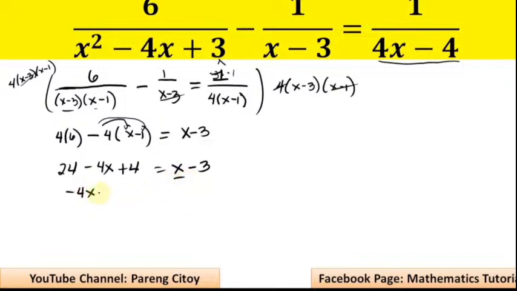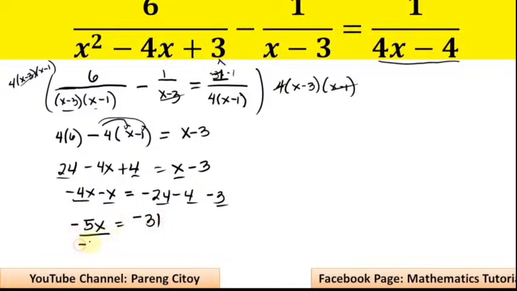Ito, pag ilipat natin, magiging negative x equals 24, magiging negative 24. Then this one magiging negative 4 minus 3. Next, this one magiging 4x minus x, that is negative 5x equals 24 plus 4 plus 3, that is 30 or negative 31.